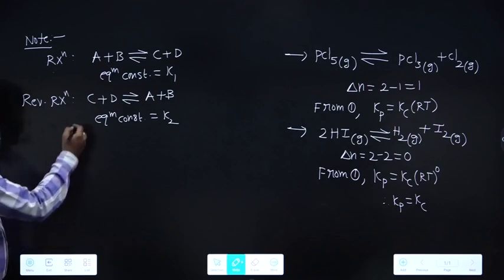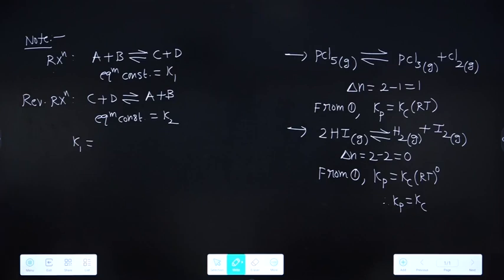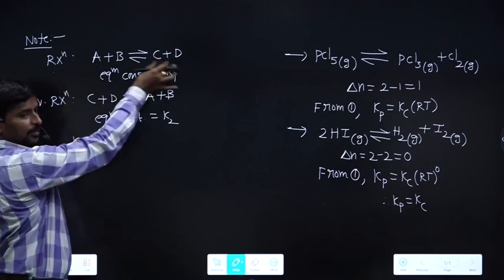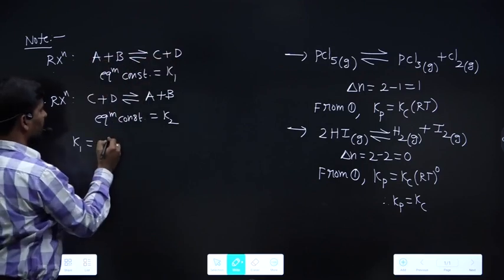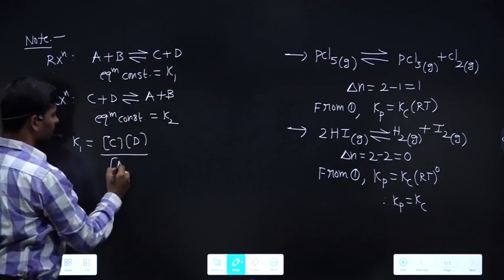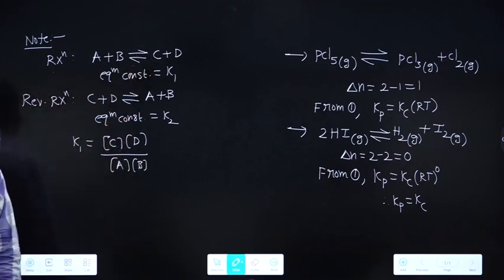For example, if you write the expression for K1, it is the product of product side concentrations by the product of reactant side concentrations. So we get K1 equals C into D by A into B. The powers are the stoichiometric coefficients, given as only one.